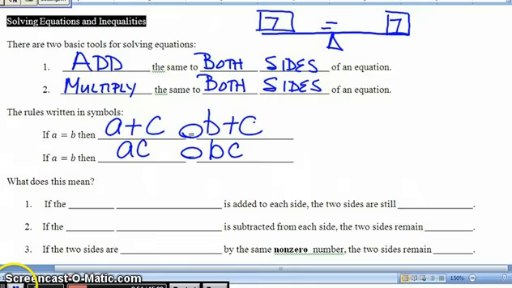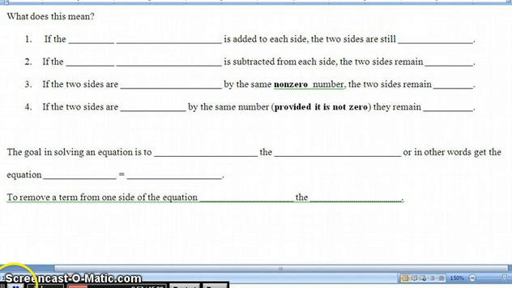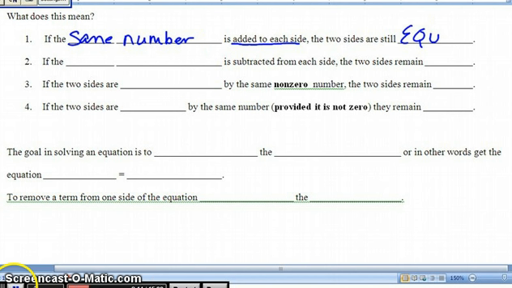So what does that mean? It means that if the same number is added to each side, the two sides are still going to be equal, just like adding 7 pounds to both sides of my scale. Once again, if the same number is subtracted from each side, our sides are still equal.